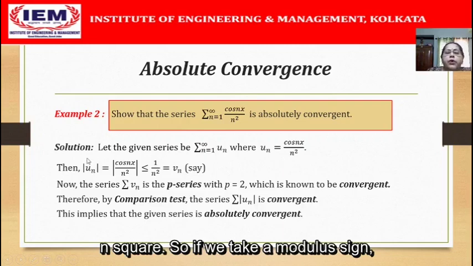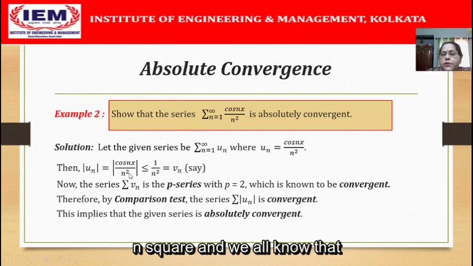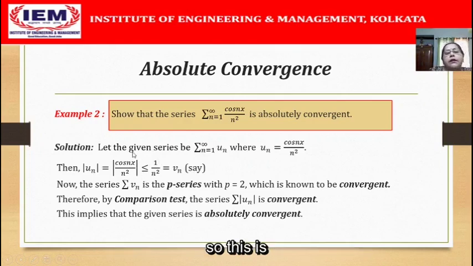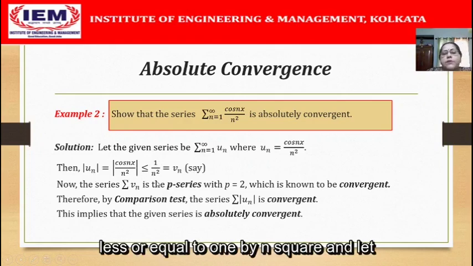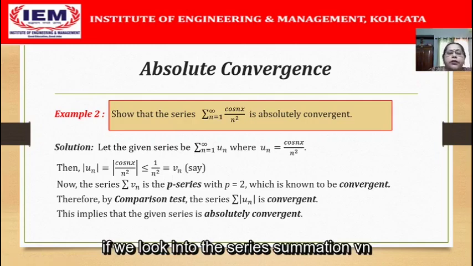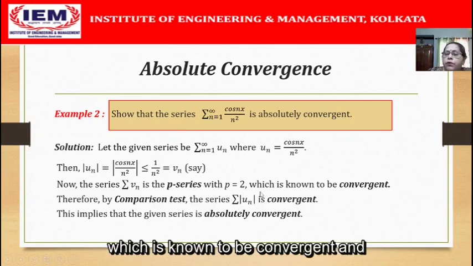So if we take a modulus sign, mod un will be mod cos nx / n^2, and we all know that mod cos nx is less than or equal to 1. So this is less than or equal to 1/n^2. Let us call this Vn. Now notice that the series summation Vn, that means summation 1/n^2, is nothing but a p-series with p equal to 2, which is known to be convergent.